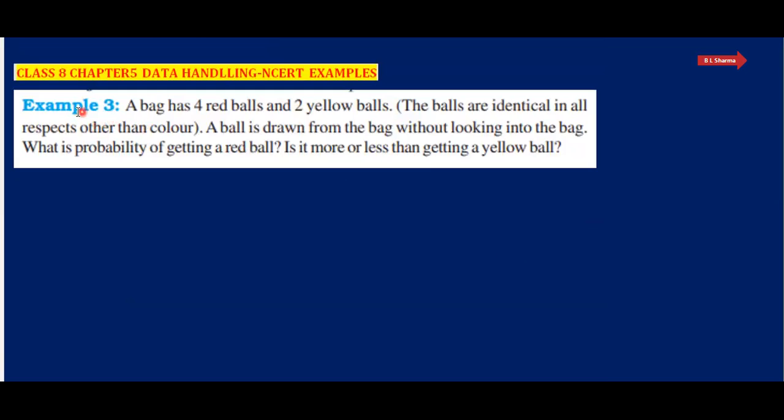Next question, next example number 3. A bag has 4 red balls and 2 yellow balls. Total balls we can say here: red balls 4, yellow balls that is 2.